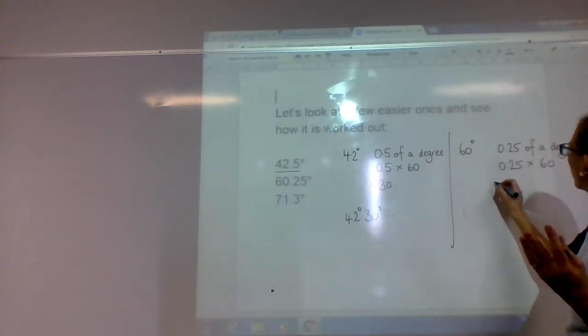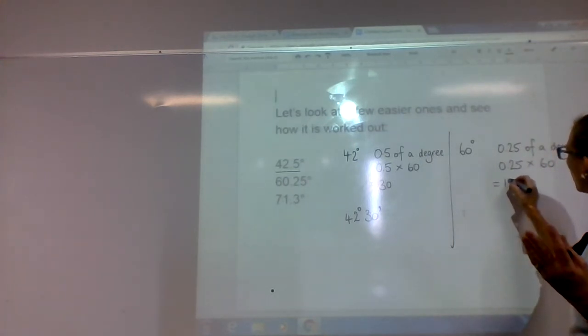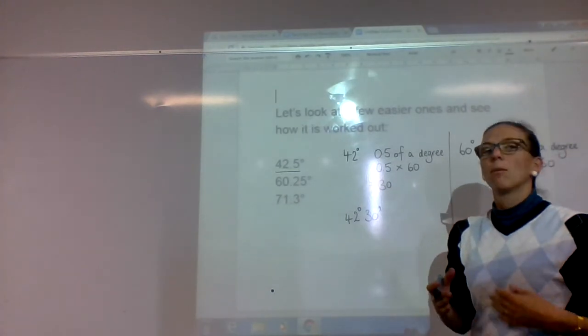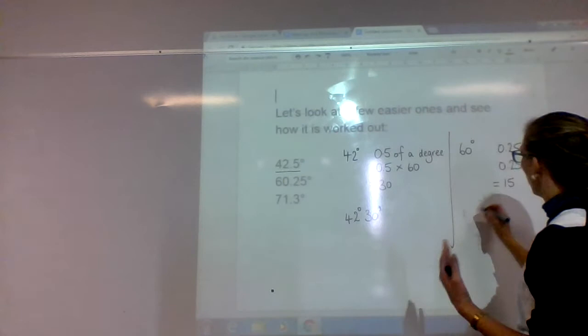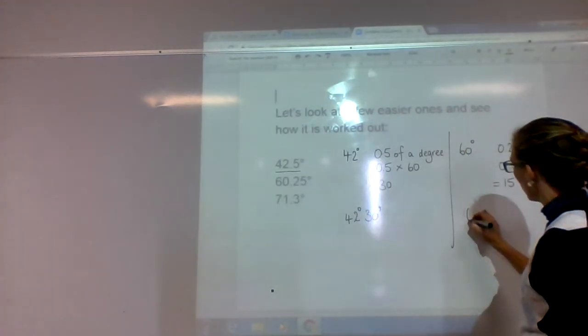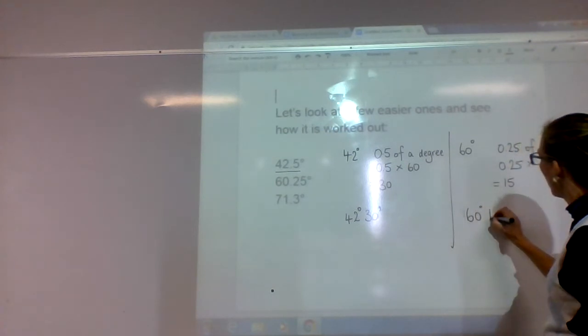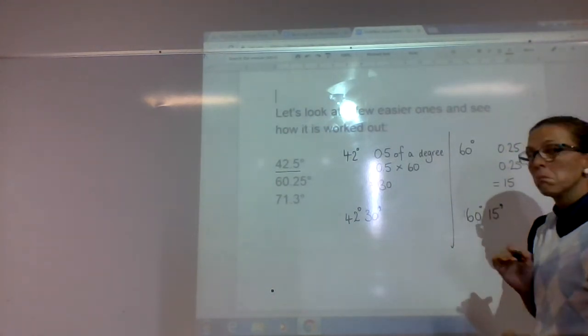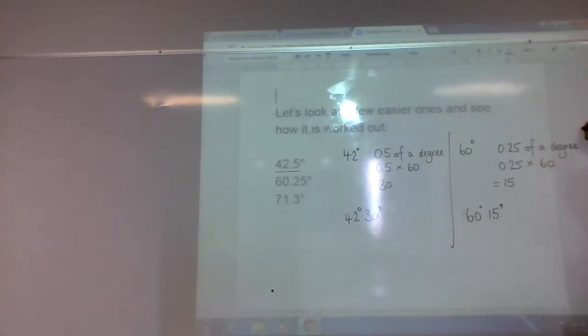Well, a quarter of 60 is equal to 15. So there must be 15 seconds makes a quarter of a degree. So 60.25 degrees could be written as 60 degrees and 15 seconds.